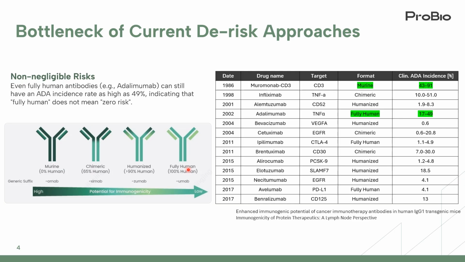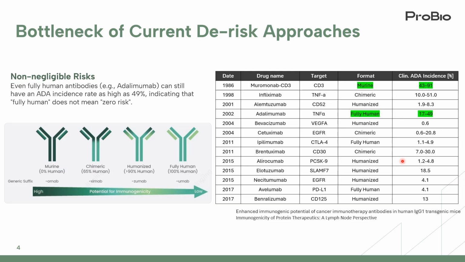Generally speaking, fully human antibody does demonstrate a trending of relatively lower immunogenicity risk, as determined by the ADA incidence rate during the clinical trial.